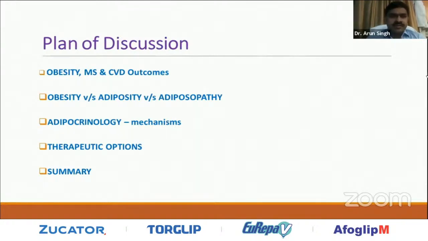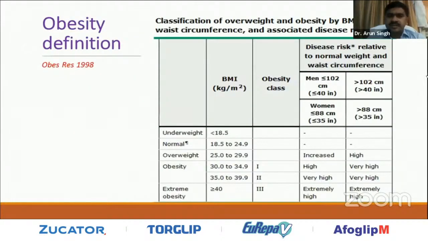So in the interest of time, I'm not going to discuss the epidemiology or statistics or the burden of this problem. I will be just discussing the pathogenic mechanisms, and what we have in the pipeline, and what needs to be explored more about adiposity and adiposopathy.